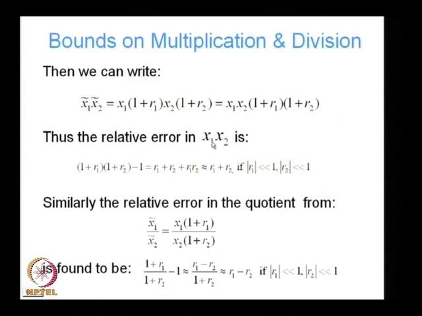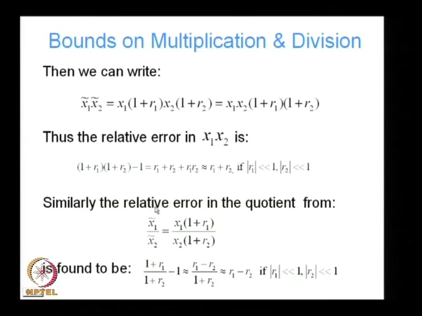Dividing the whole thing by x1 x2, we get 1 plus R1 times 1 plus R2 minus 1, which is equal to R1 plus R2 plus R1 R2. Suppose our relative errors in x1 and x2 are much smaller than 1. In that case, R1 plus R2 plus R1 R2 is approximately equal to R1 plus R2.